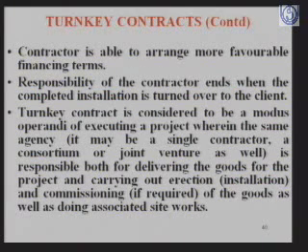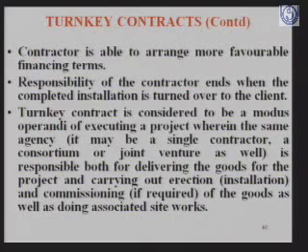A turnkey contract is considered to be the modus operandi of executing a project where the same agency, it may be a single contractor, it may be a consortium, is responsible. It is not necessary that only a single contractor can be given a turnkey contract. It can be a consortium of companies. Two, three, four companies can join together, or it may be a joint venture.